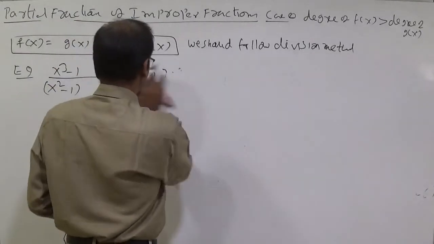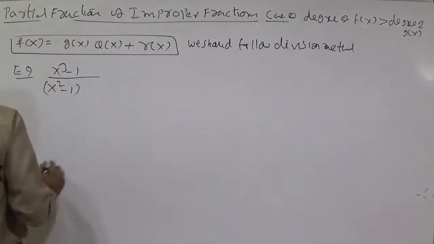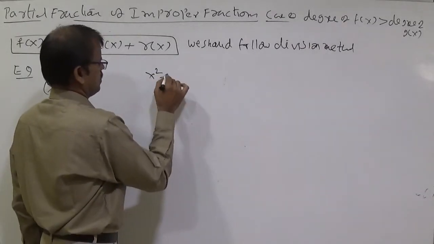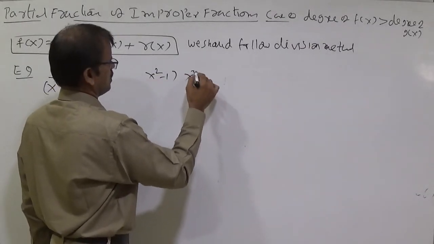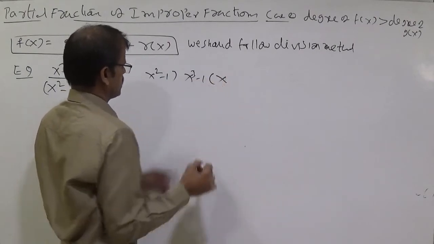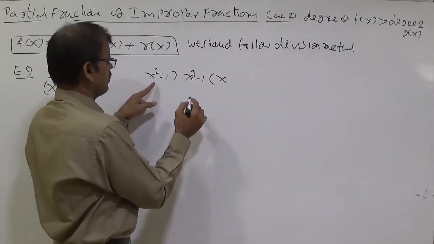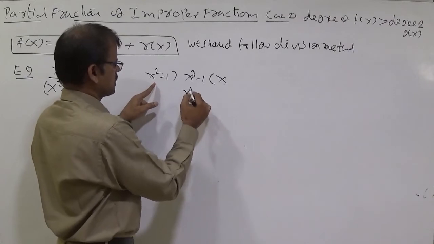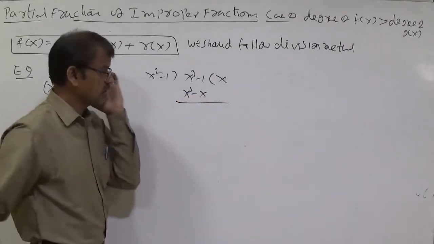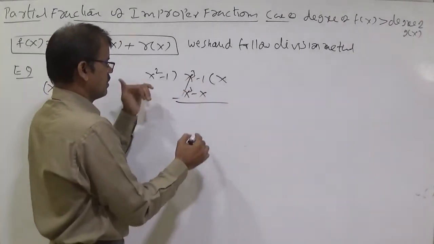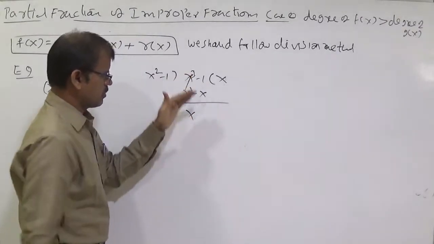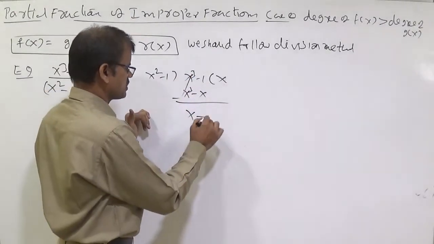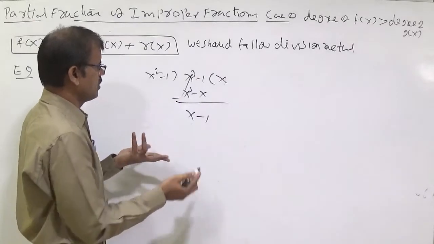Once again, x square minus 1 here, x cube minus 1. This is x. If you multiply with x, it becomes x cube minus x. Okay. Now minus x will be dropped. Minus it becomes plus, minus 1. So it will not be divided later.